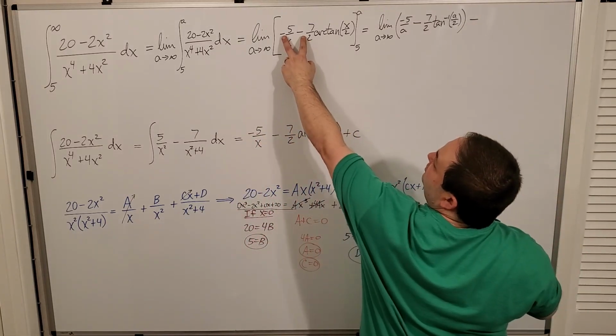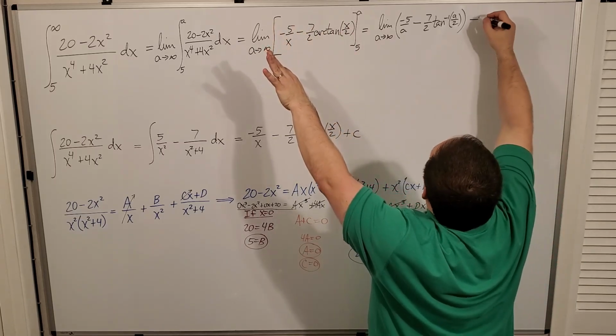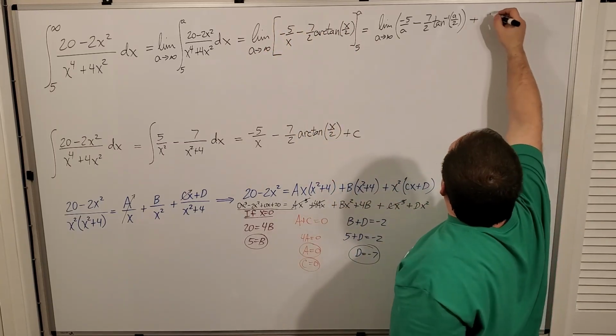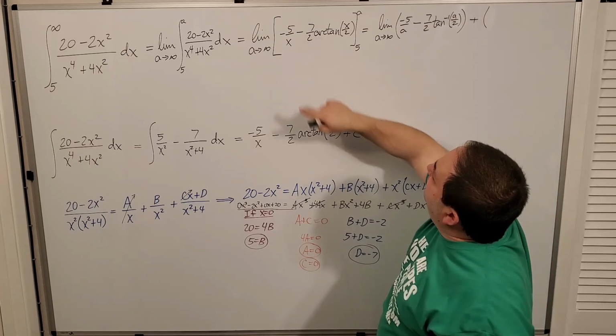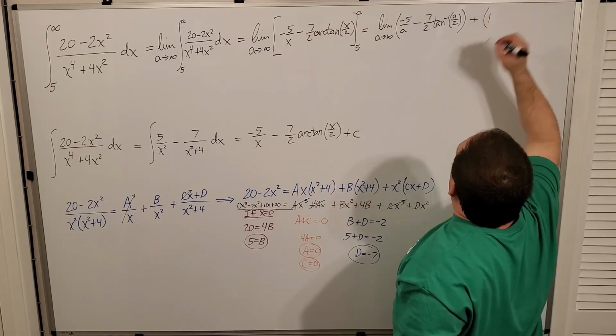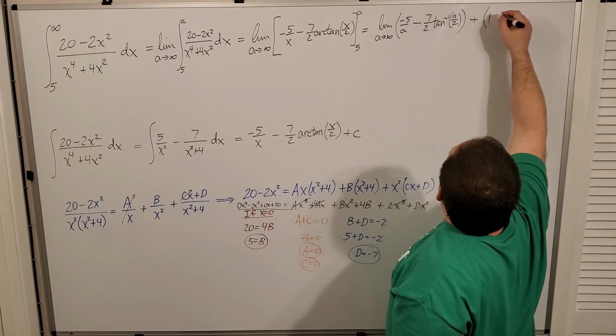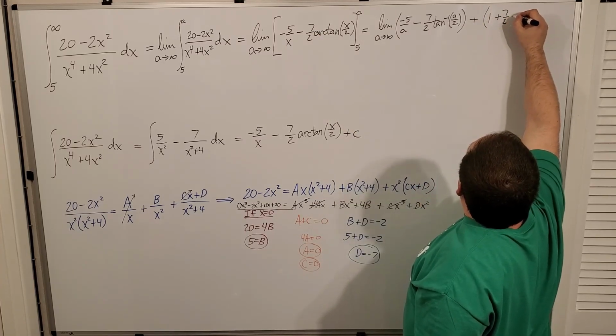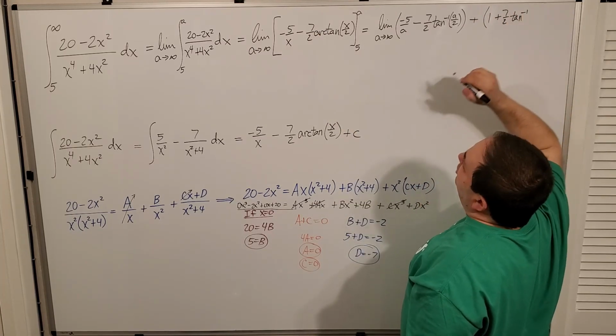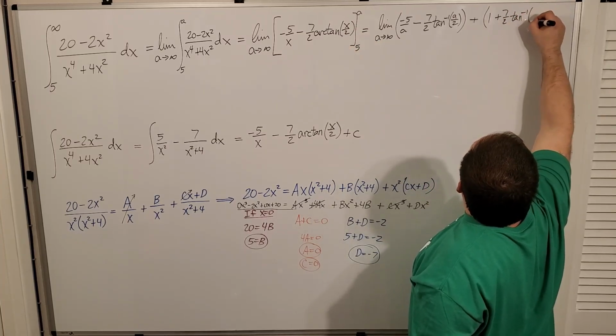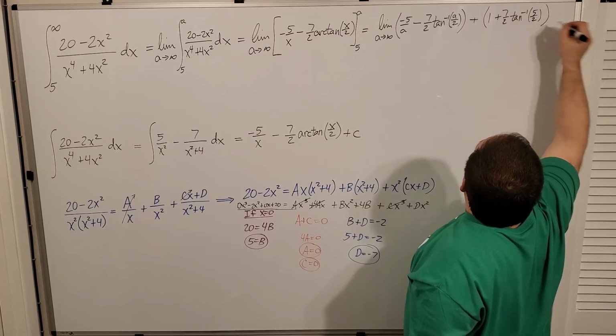Now, notice both of these are negative, so I'm going to factor that out and say plus. Plus what? Plug in 5. 5 over 5 is 1. And then I've got 7 over 2 arctangent of 5 over 2. Like so.